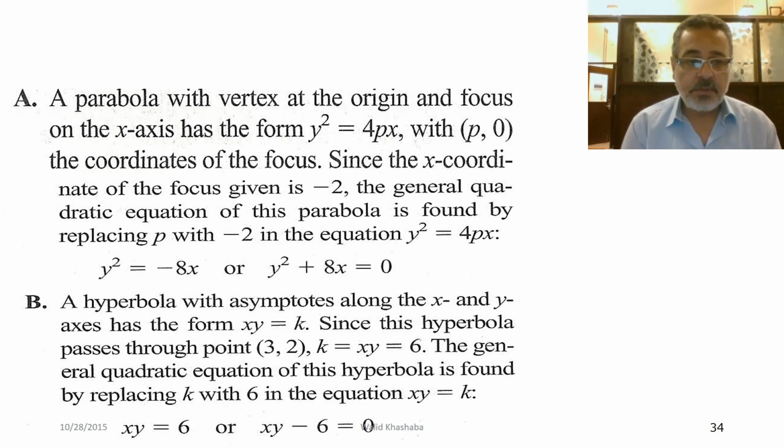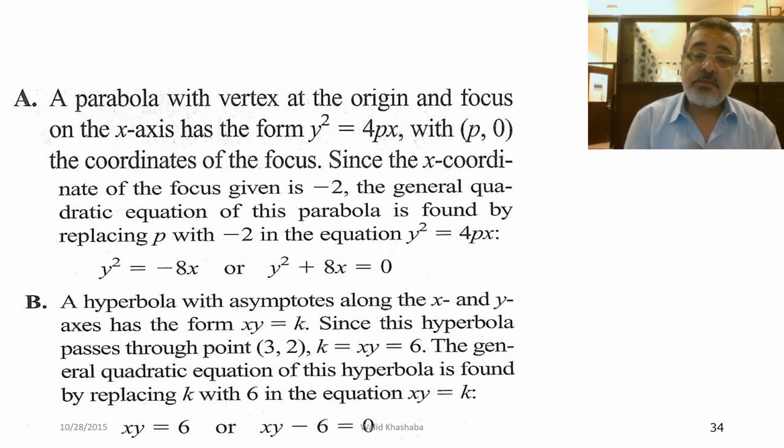For the second equation, it's a hyperbola, of course, where the asymptotes are along the x-axis and y-axis, in the form xy equals k. That's it. Only xy equals k. We know that the hyperbola passes through the point 3 and 2.